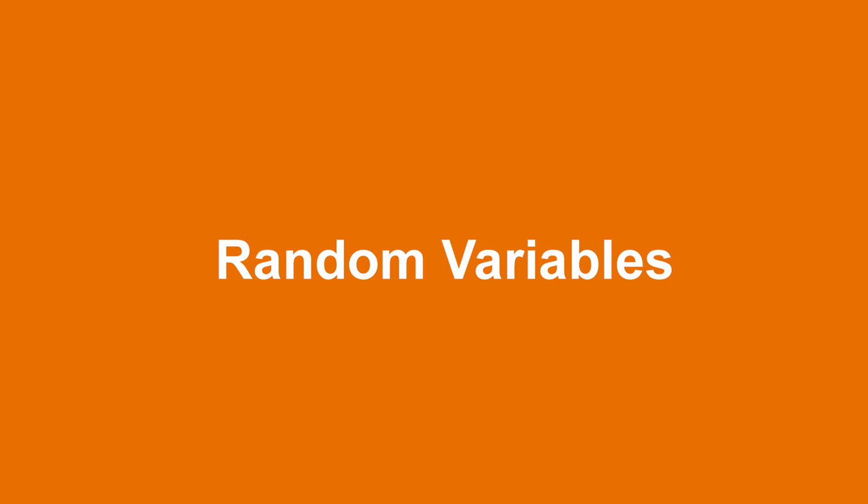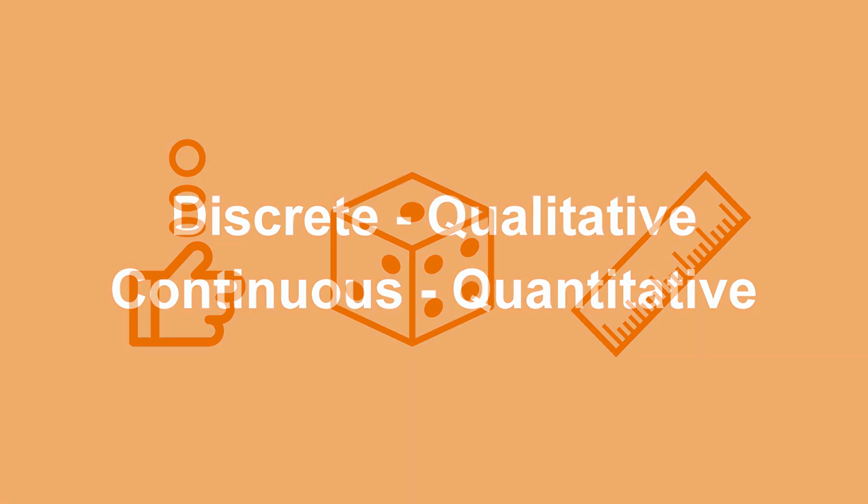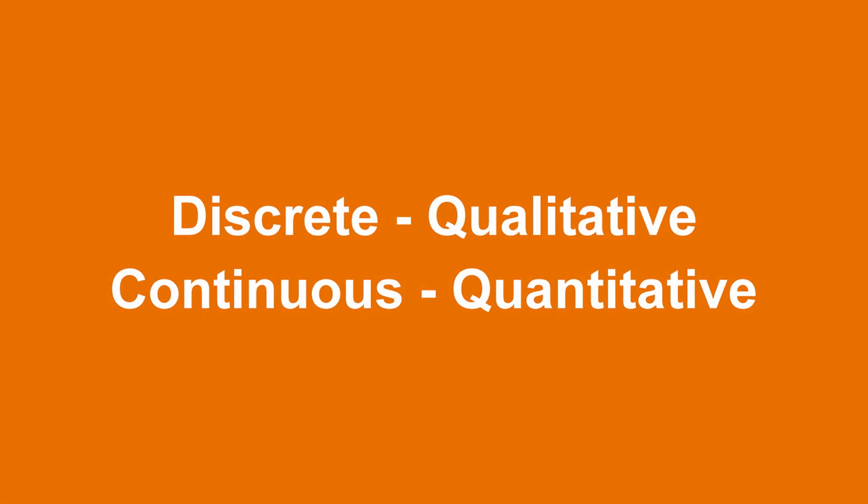The other type of variable you might hear about in statistics is a random variable. A random variable just represents the outcome of a random process, like flipping a coin, or rolling a die, or measuring the height of a person you find on the street. And there are two kinds of random variables that we commonly work with: discrete, also known as qualitative, and continuous, otherwise known as quantitative.